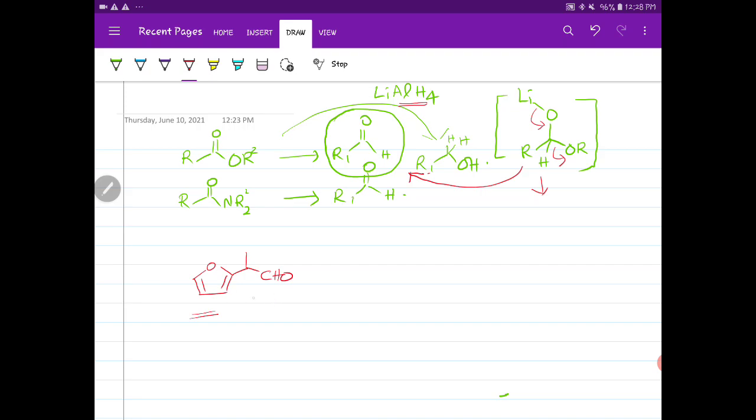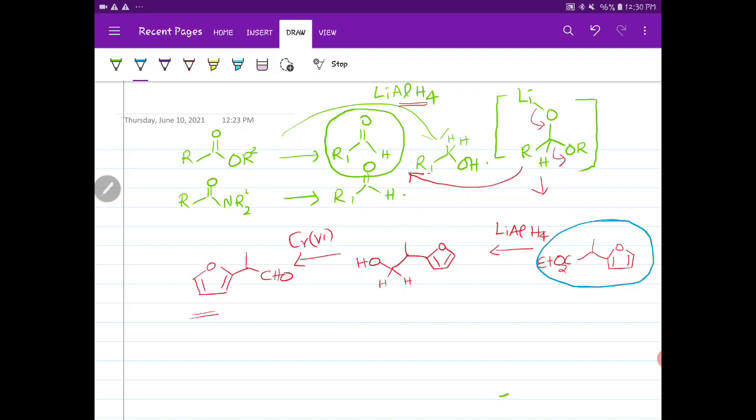How do we prepare it? We take this ester, which is readily available, completely reduce it to give alcohol, and this alcohol is again oxidized to get aldehyde. That's how we used to do it.